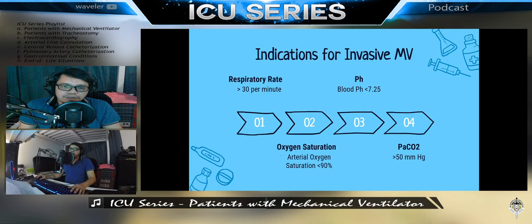Next is oxygen saturation, or arterial oxygen saturation less than 90%, especially if the patient is already on high flow oxygen, or the FiO2 is already around 0.6, or roughly 10 liters per minute. And next is the pH and the partial pressure of carbon dioxide.